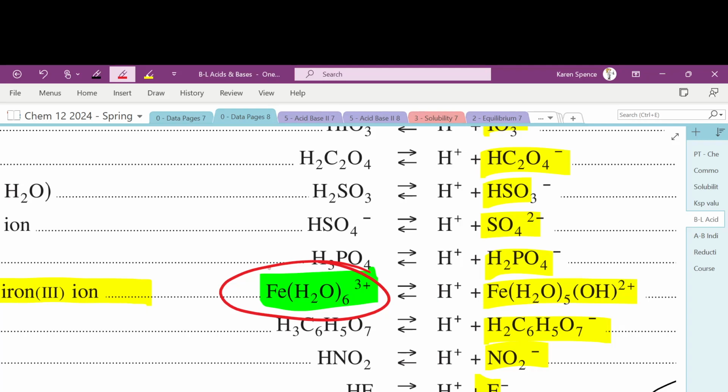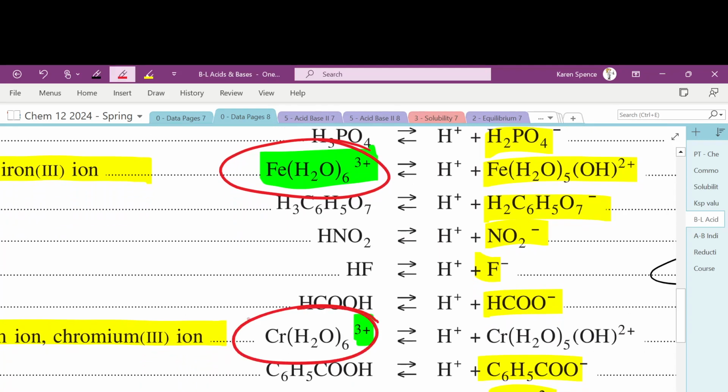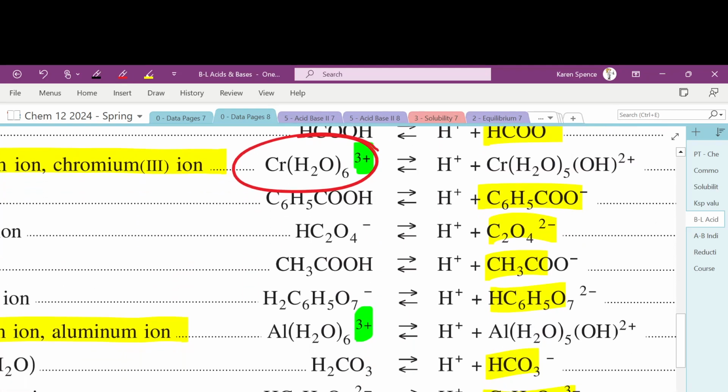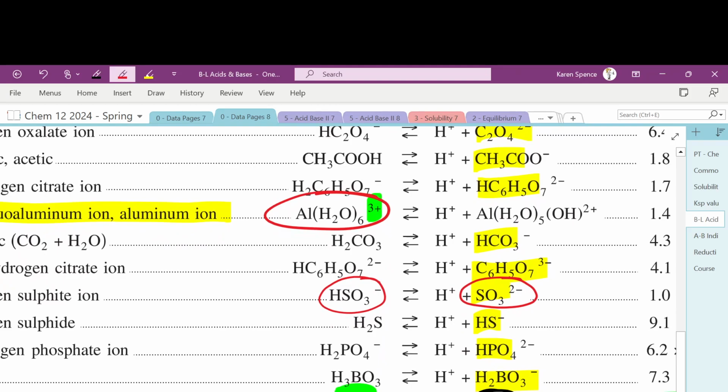So the iron is on the acid side with those 6 waters. Chromium is on the acid side because the H in the water makes it acidic, and same thing with aluminum. And of course, ammonium is just a regular old acidic cation.